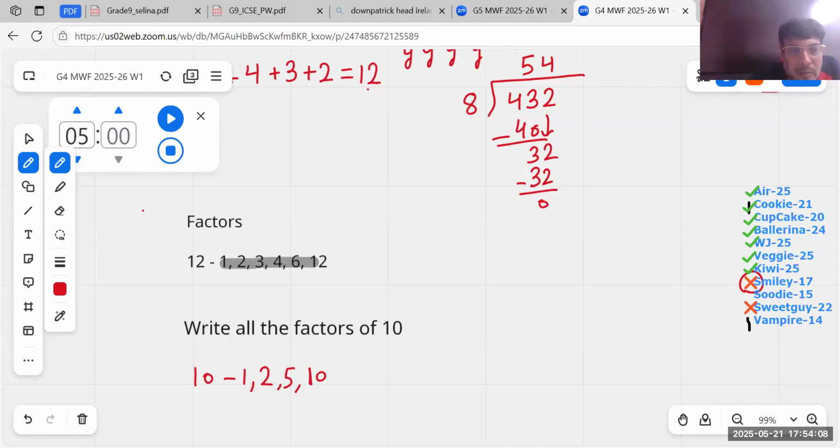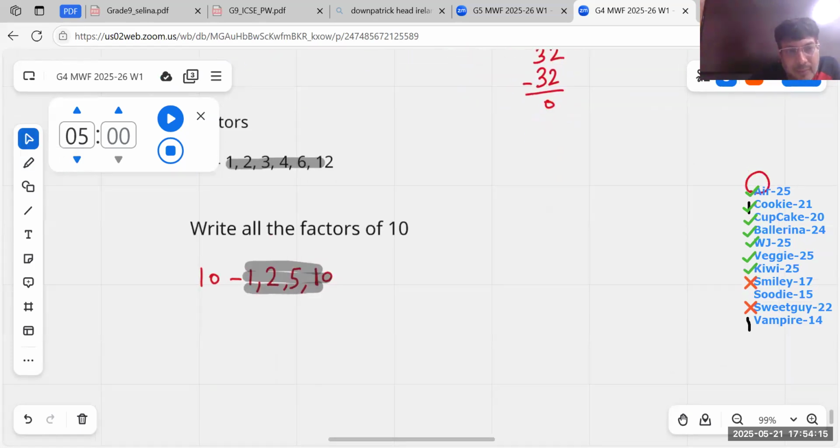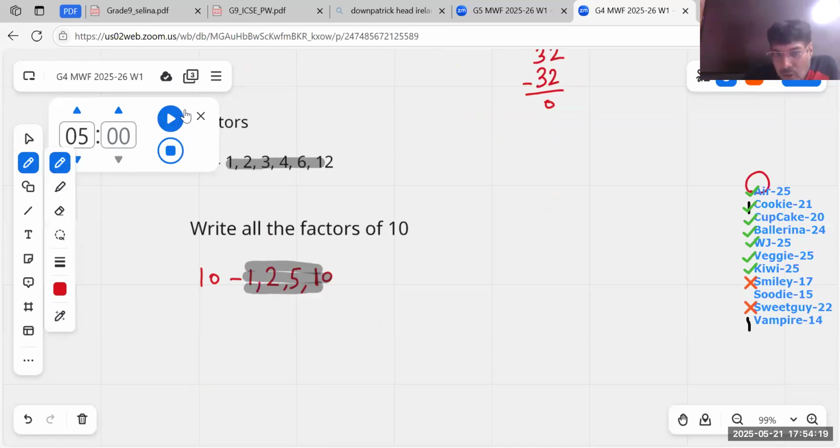So okay, so these are all the factors of 10. Understood? Yes or no? So next 15, write all the factors of 15.